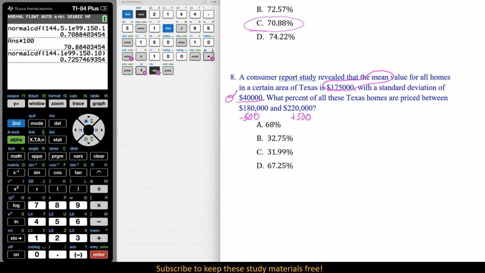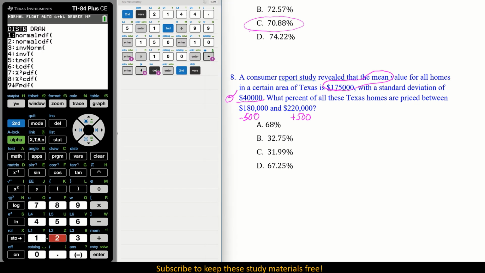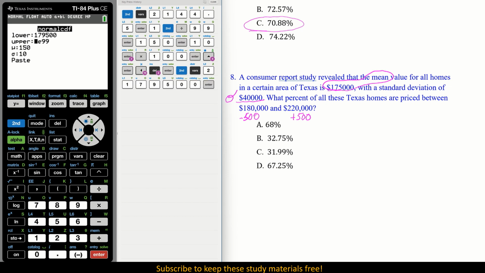So what do we do? We say second bars, number 2, our lower. Well, that's going to be 179,500. Remember, we had to slice off $500. We went below, because we have to count the house that was valued at 180,000.